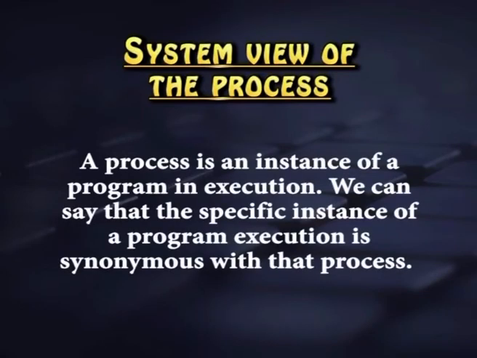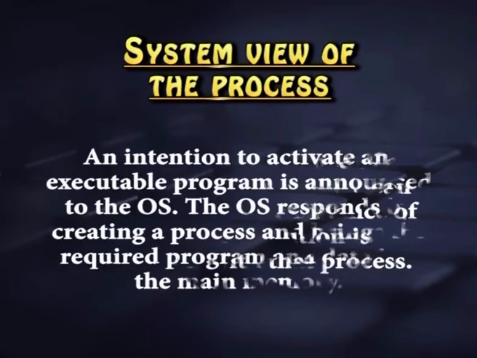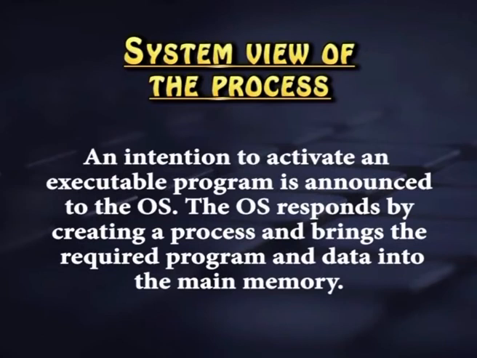A process is an instance of a program in execution. We can say that the specific instance of a program execution is synonymous with that process. An intention to activate an executable program is announced to the operating system. The operating system responds by creating a process and brings the required program and data into the main memory.